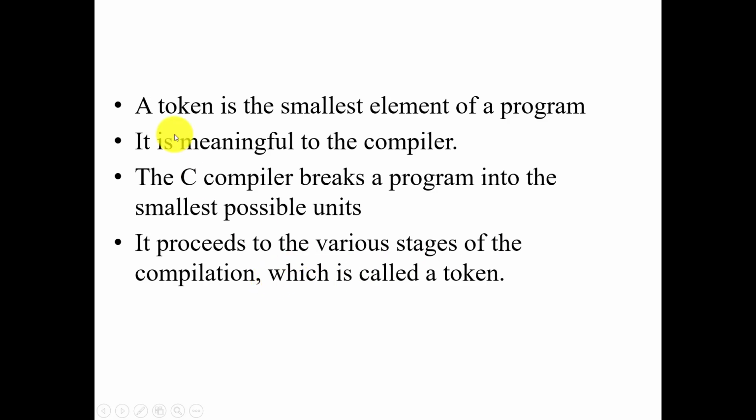So a token is nothing but the smallest element of a program. The compiler breaks the program into its smallest parts, the smallest possible units that have a meaning, called tokens.